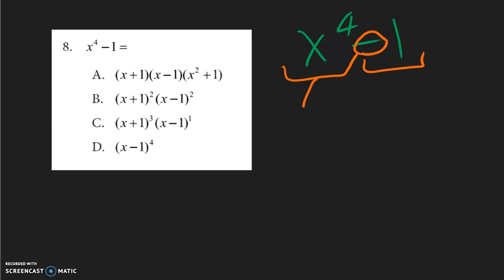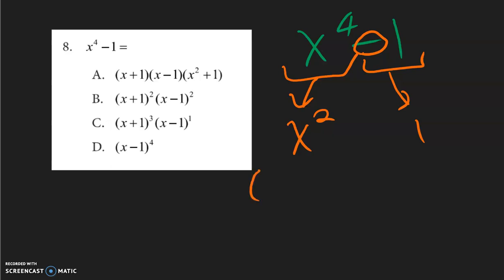For number 8, it's asking us to factor x to the 4th minus 1. So whenever you see two terms, first term and second term, and in between is a minus sign, look for difference of two squares. The square root of x to the 4th is x squared. The square root of 1 is 1, because 1 times 1 is 1, and x squared times x squared is x to the 4th.